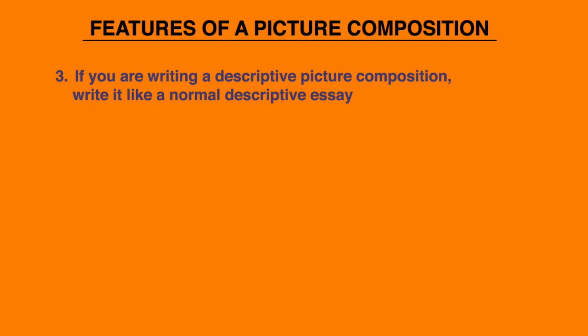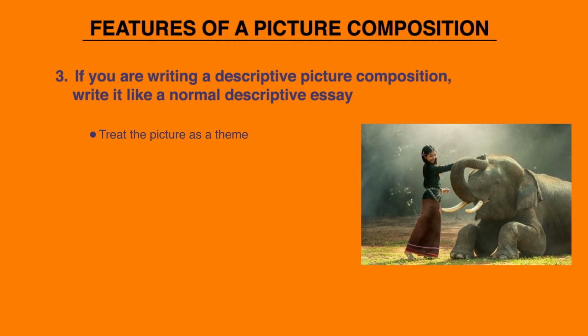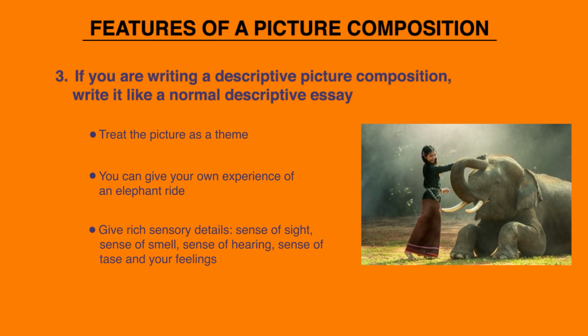Number 3, if you are writing a descriptive picture composition, it should be written exactly as a normal descriptive essay, treating the picture as a theme. For example, if you get a picture of a teenage girl standing right next to an elephant, you can describe your own experience of an elephant ride, giving rich sensory details of the ride.